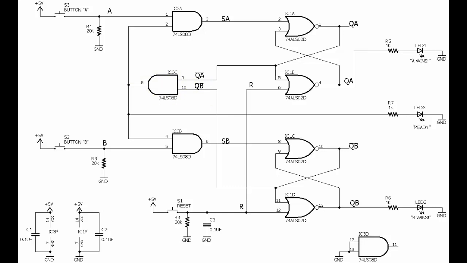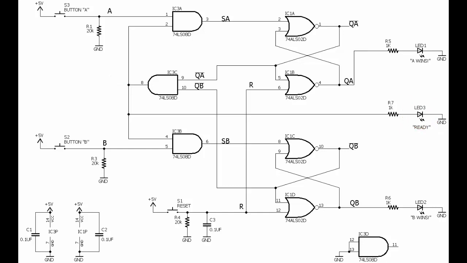Now recall that the output of that AND gate will be high whenever both of the flip-flops are reset. So initially, when the system has not been triggered, the output of that AND gate will be high, and so the ready light will be on. Whoever presses their switch first will then latch the system.